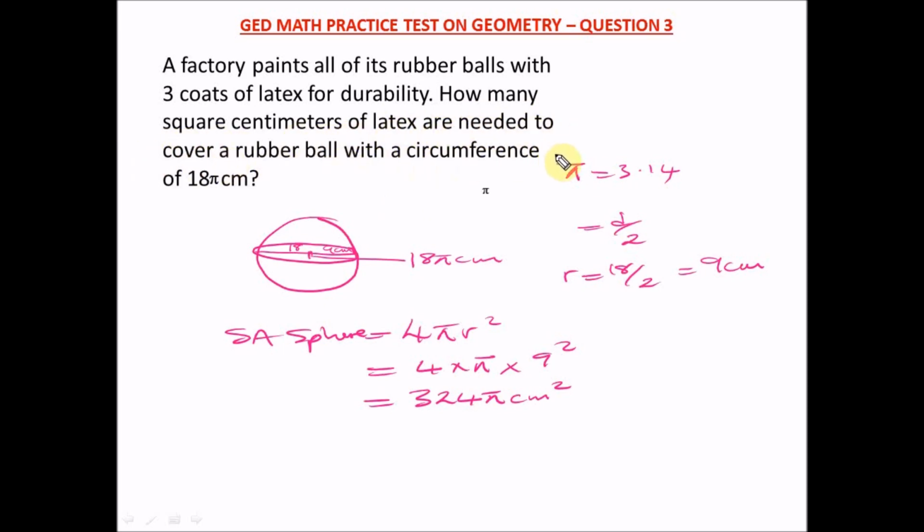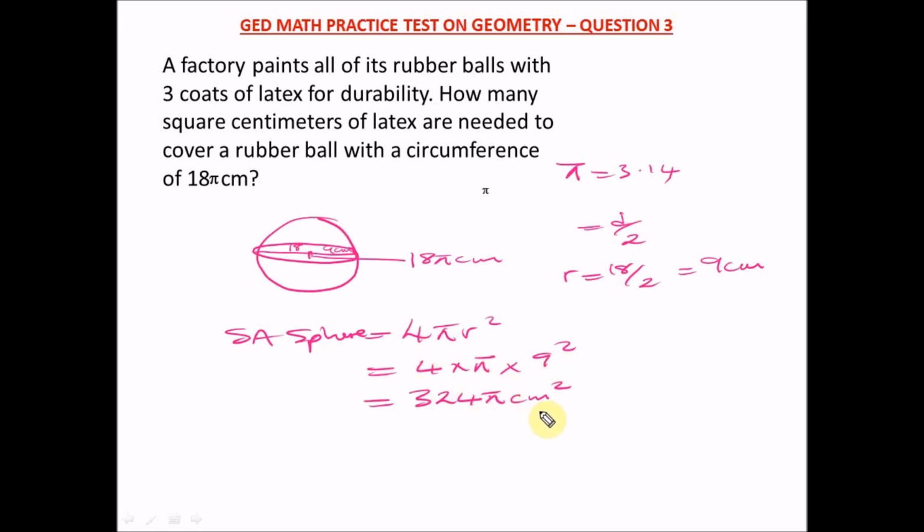Now, coming back to the question, it says how many square centimeters of latex are needed to cover a rubber ball with a circumference of 18 centimeter. Remember, it says the factory paints all of its rubber balls with 3 coats of latex for durability. We know the surface area of one sphere, that's the rubber ball, is this.